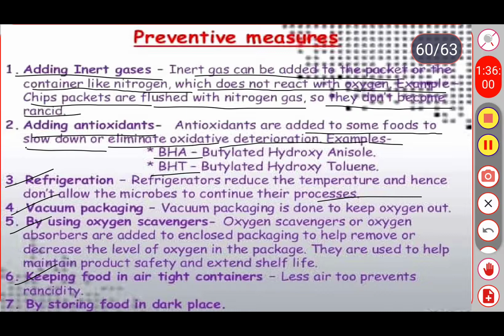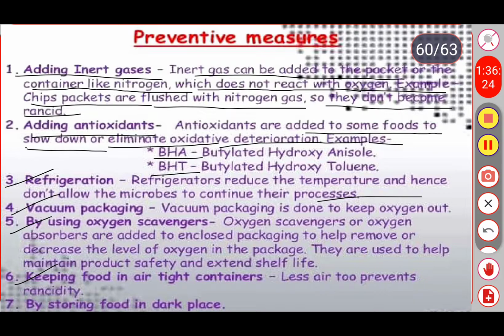When food materials are directly exposed to sunlight, they are easily oxidized, which means they will become rancid or spoil. So this will slow down the process of rancidity. Okay, so this is all about rancidity.